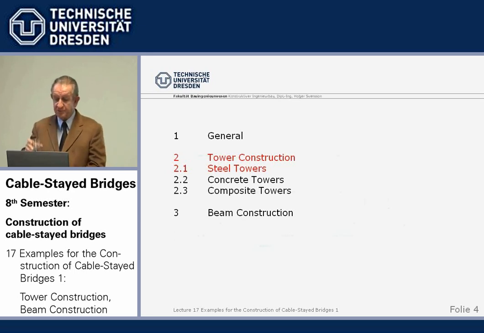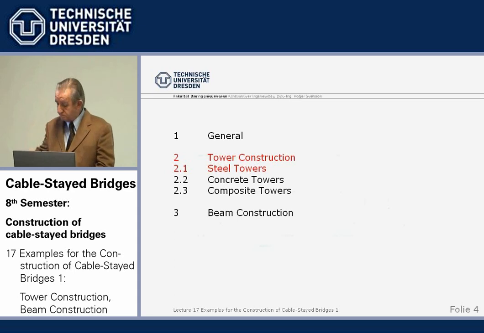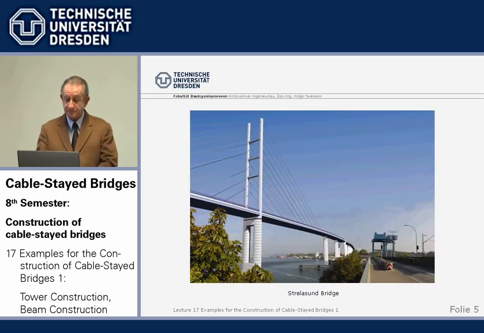As mentioned, we start with tower construction. First, steel towers. We use as an example the recent Strelasund Bridge, which connects the island of Rügen with Mecklenburg.